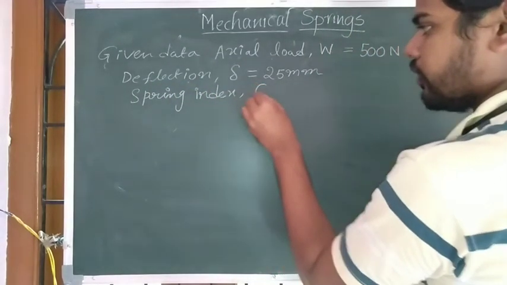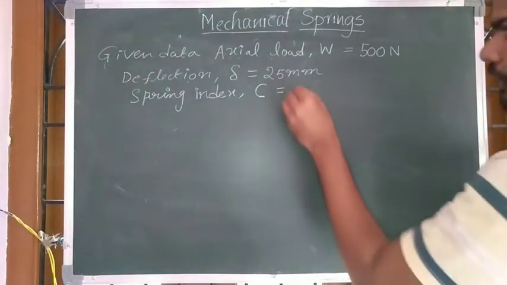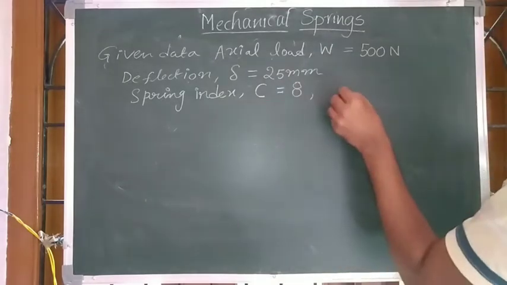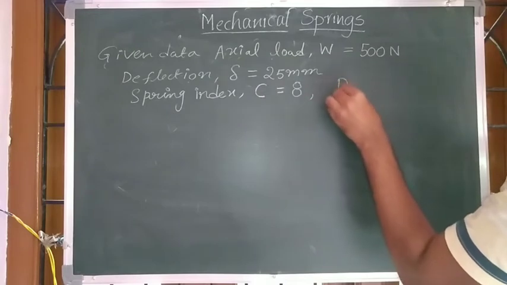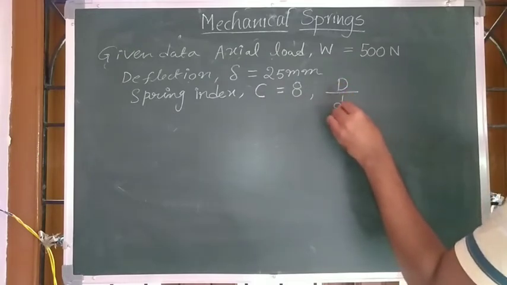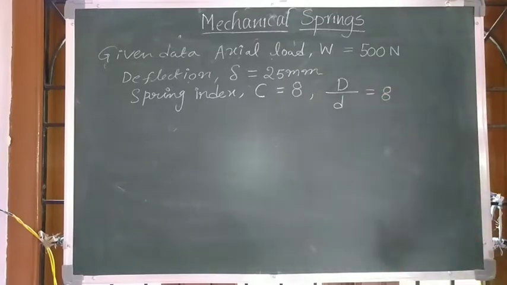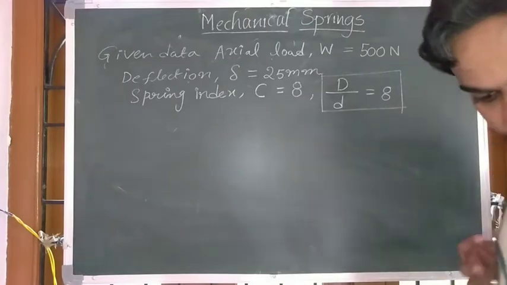Spring index denoted by capital C is equal to how much? The value of spring index is 8. C can also be written as the ratio of mean diameter by wire diameter, so D by d is equal to 8.